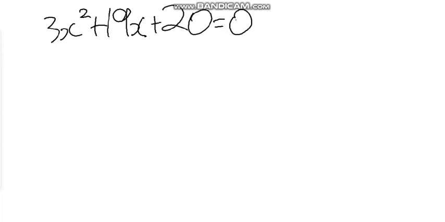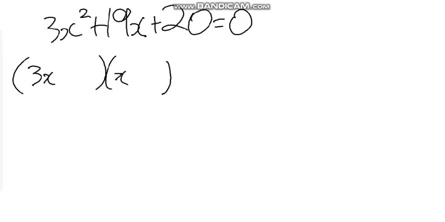Let's go a bit more challenging: 3x squared plus 19x plus 20 equals 0. First, we can tell that 3 is not divisible, so you can put 3x on one side and x on the other.